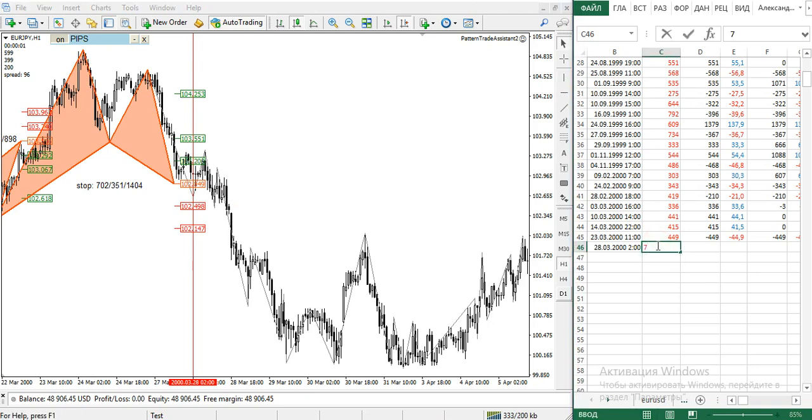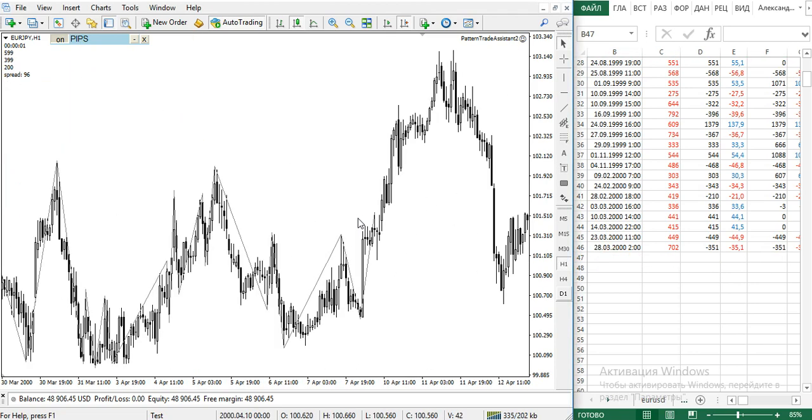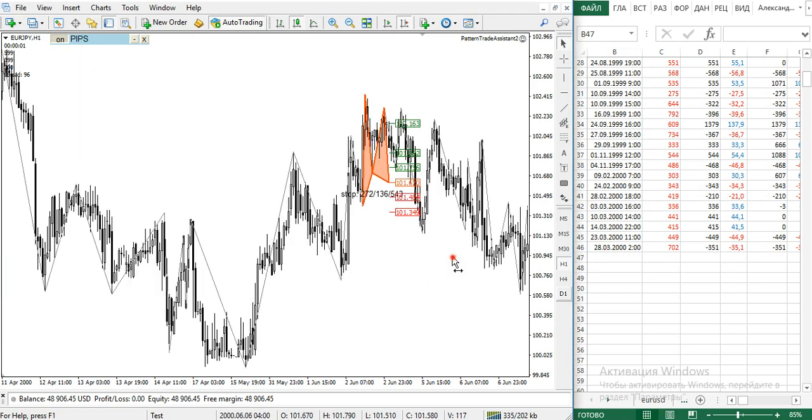So the initial risk was 702, and as we cut the risk, it is 351, sorry, minus 351, and minus 351 for the second target, and go to the next setup.